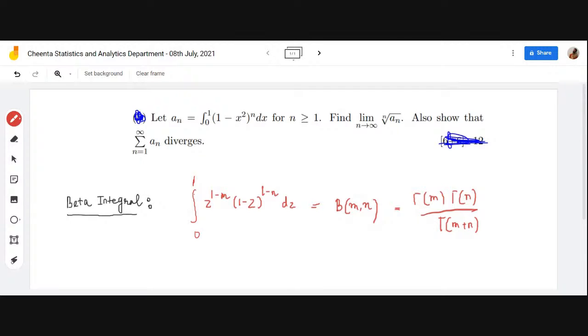Just give me a minute. So the beta function is this. Oh, I made a mistake, as I can see. Let me write it properly. Yes, the beta integral is integration of z to the power x minus 1 into (1 minus z) to the power y minus 1 is equal to beta x comma y.